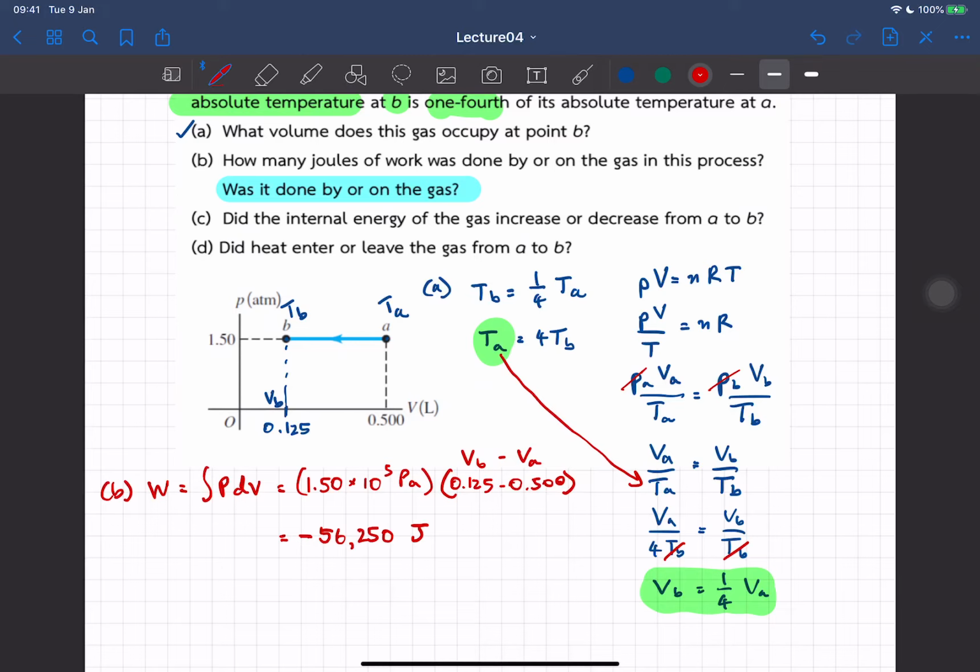So volume shrinks means you're compressing the gas. Compressing the gas means you are doing work on the gas. Okay, it's just the language that we use. Right? Because you are compressing the gas, then you are pushing in the gas. You are giving in some energy in form of work here. All right. So for B, that's done.